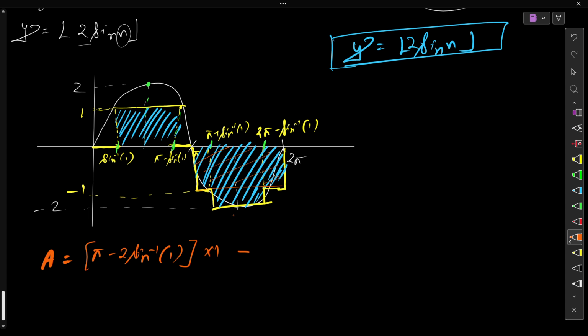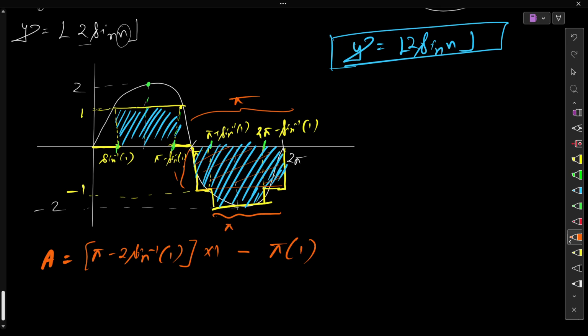So this area is basically pi multiplied by 1. This whole bunch is actually pi, and this whole length is 1; I mean the breadth is 1, and for this lower area this is 2 pi.